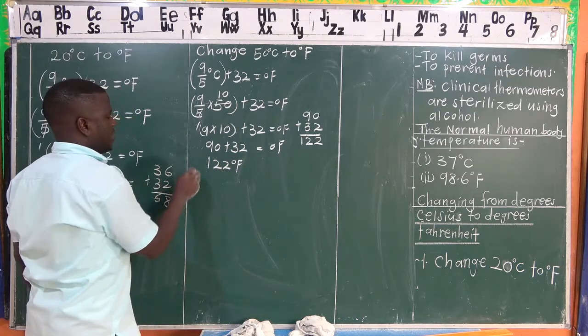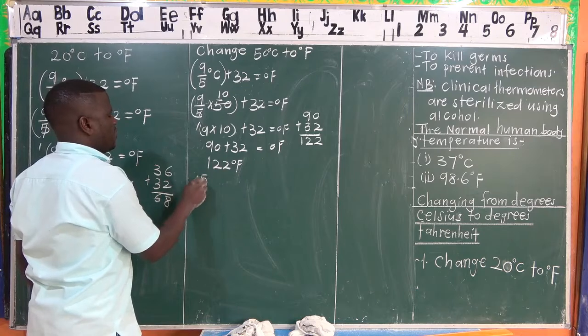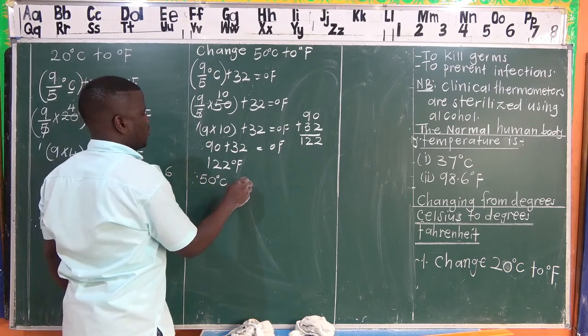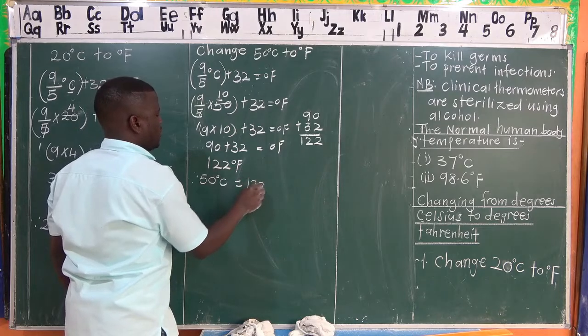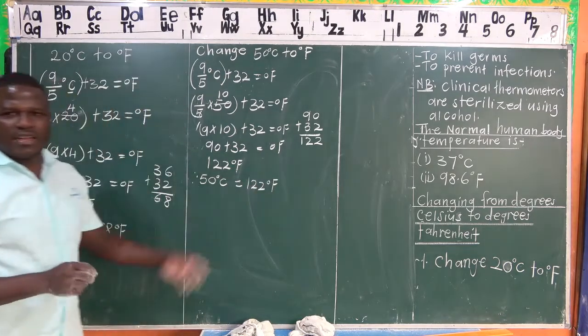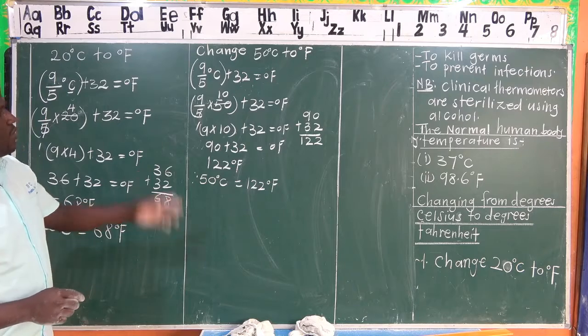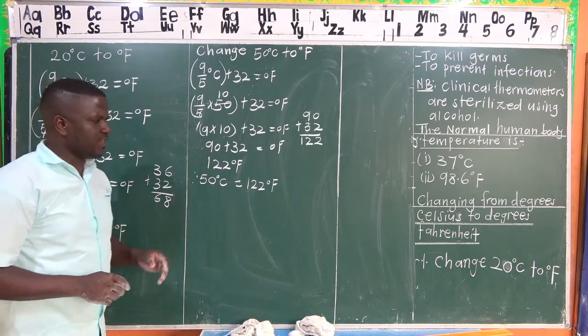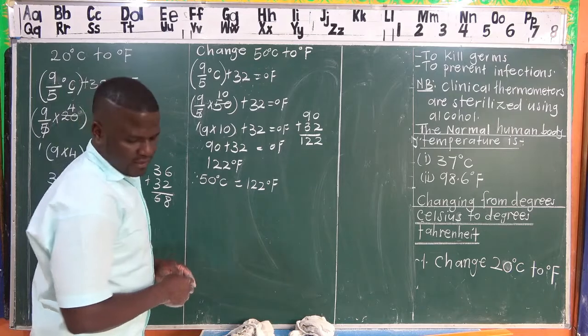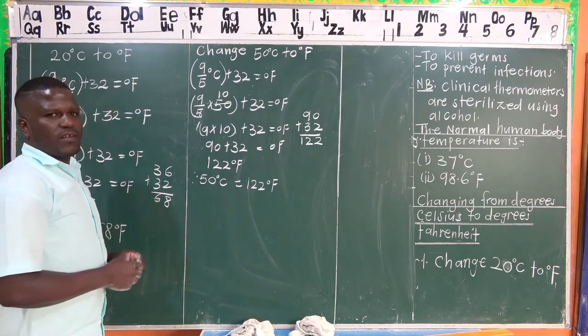Then you come and say, therefore, 50 degrees Celsius is equal to 122 degrees Fahrenheit. So that's how we convert from degrees Celsius to degrees Fahrenheit.